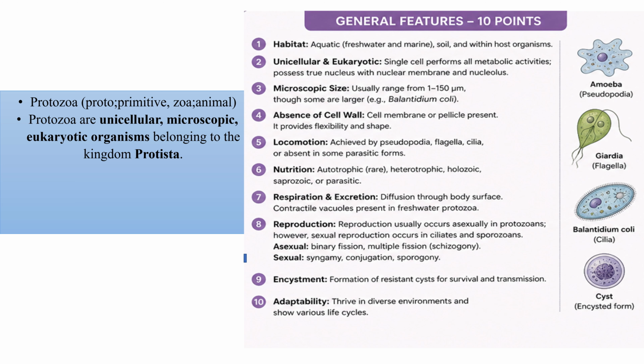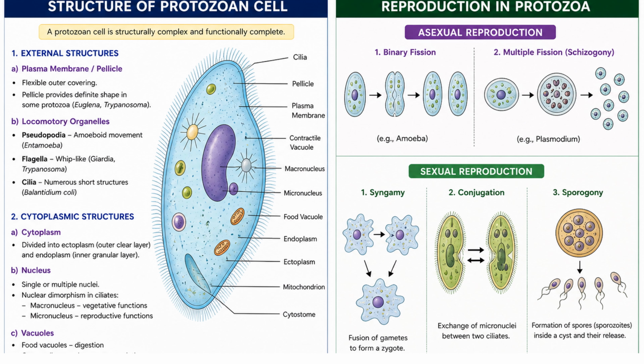And many protozoa form a resistant structure known as a cyst, and this process is known as encystment. This cyst helps the protozoa to survive under unfavorable environmental conditions and aids in the transmission from one host to another host.